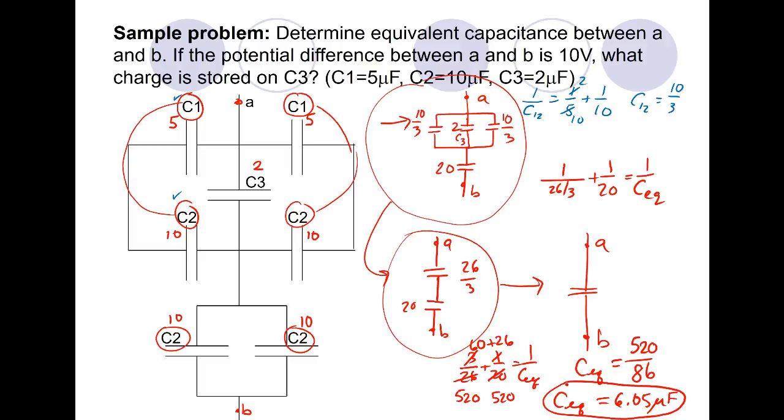Okay, so what I'm going to do now is I'm going to pause and redraw all of these diagrams so that we can see how to work backwards and to calculate the potential difference, to find out the charge that's stored on C3, because we have a little bit of work to do before we can get Q3 that's stored on C3. So let me pause and I'll be back with you in a moment.